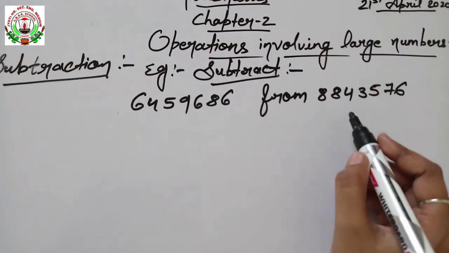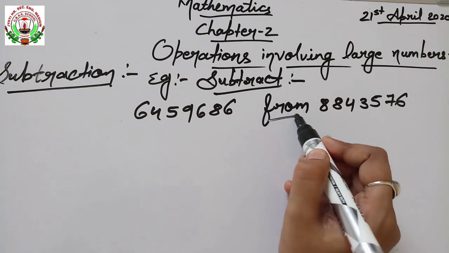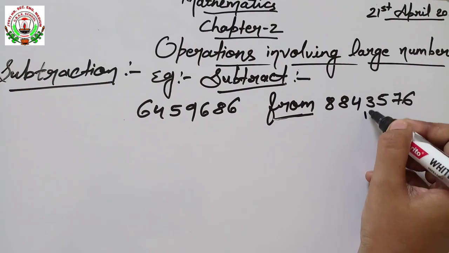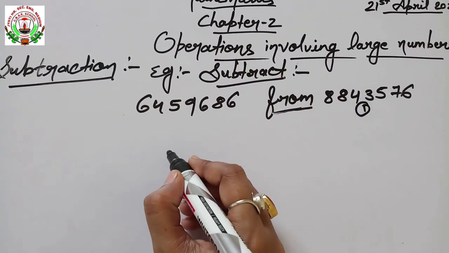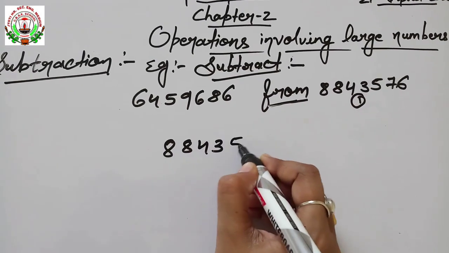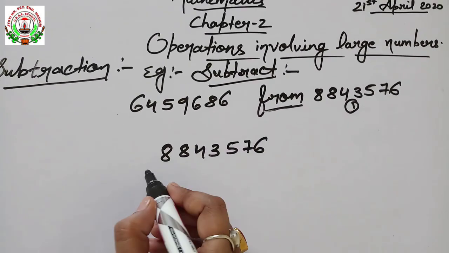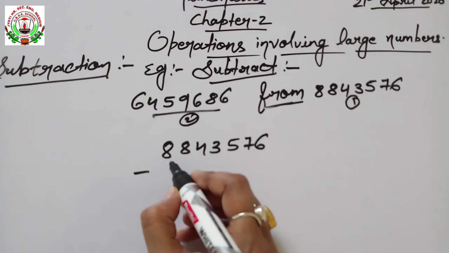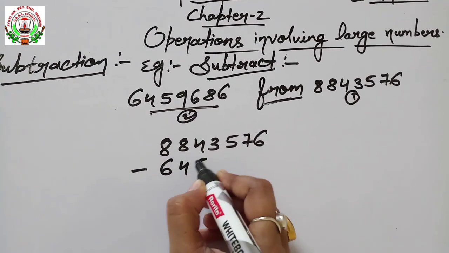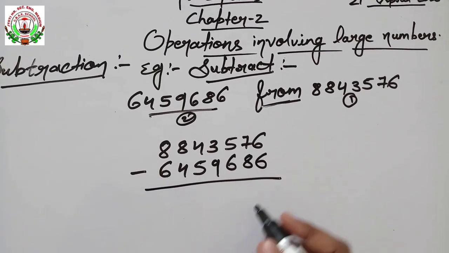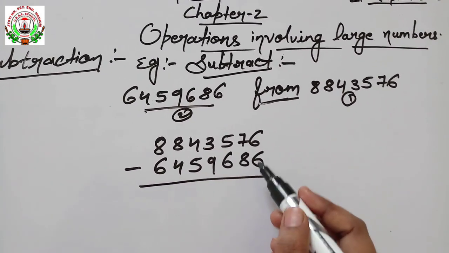Now here you can see that "from" is given. Whenever "from" is given, you have to write the right side number first on top, that is 8843576 minus, then this number will be here, 6459686. So here let's start.